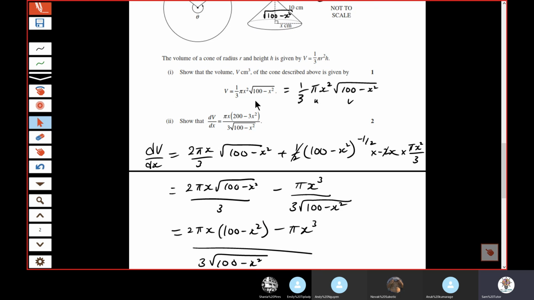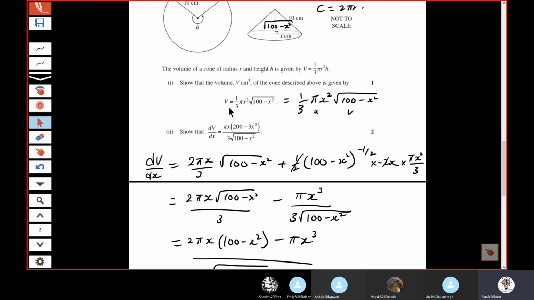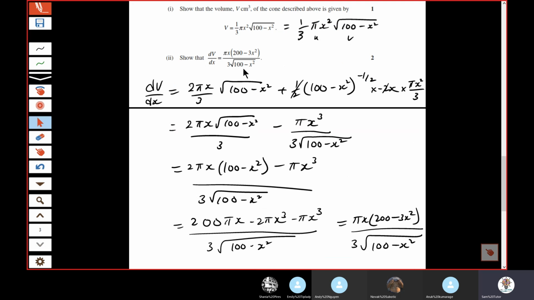So you either have to get rid of x and start again, get x in terms of theta, and then differentiate from there. Or the only other thing I can think of is using our rates of change knowledge. In rates of change, if we ever wanted to find dV on d theta, we could have done dV on dx times dx on d theta. The things would have cancelled out. Do you get what I'm saying?